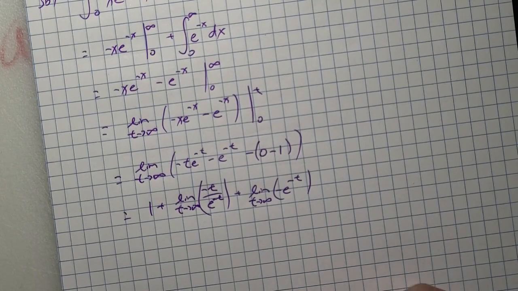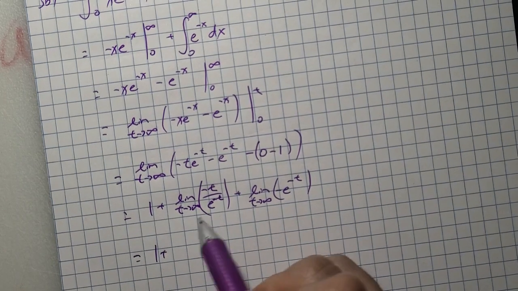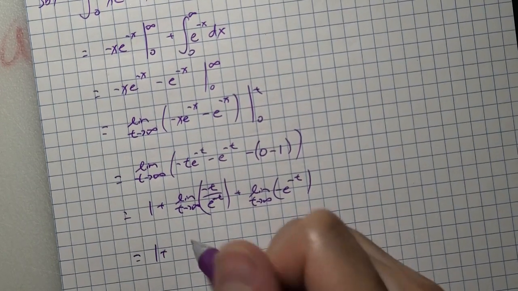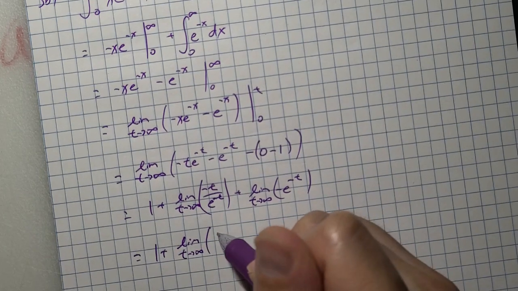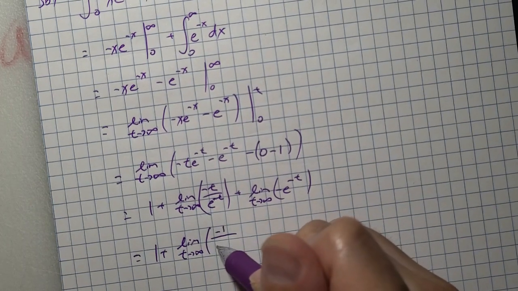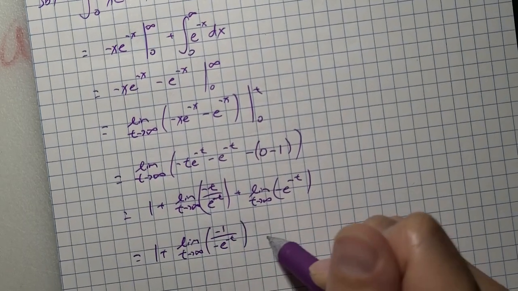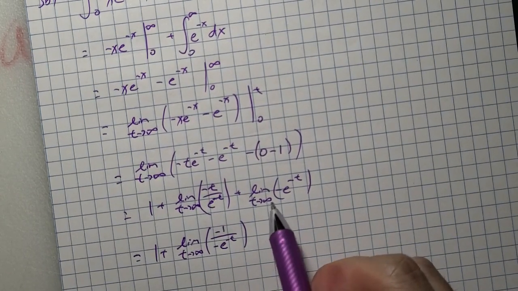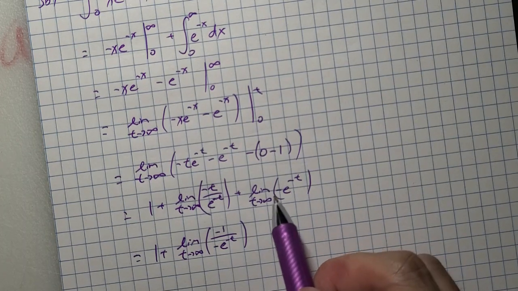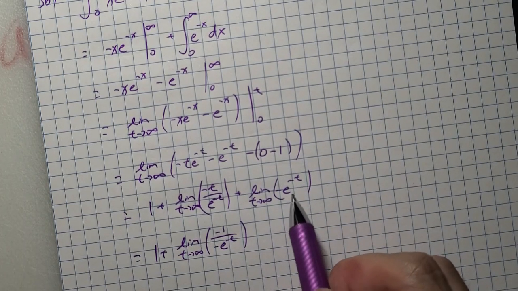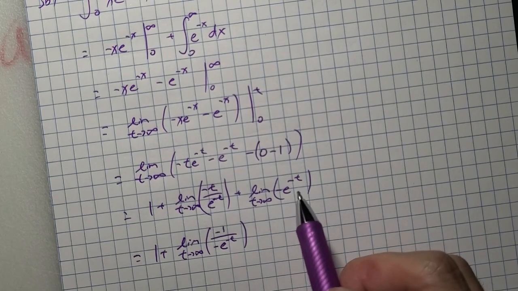Okay? So, when we evaluate this limit, what happens? Let's use L'Hopital's rule. Derivative of the top would be minus 1. Derivative of the bottom would be minus e to minus t. As t goes to infinity for e to the minus t, this value goes to 0, right?